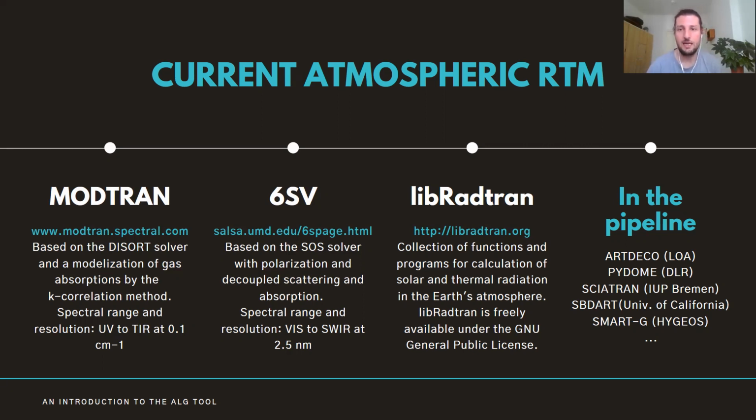The idea that I have for this ALG toolbox is to implement more models of the atmosphere, a little bit like what Jochen has been doing with the ARTMO toolbox, but here with the atmosphere. So I'm currently working with the ARTDECO software, from the LOA, the Laboratoire d'Optique Atmosphérique in Lille, in France.